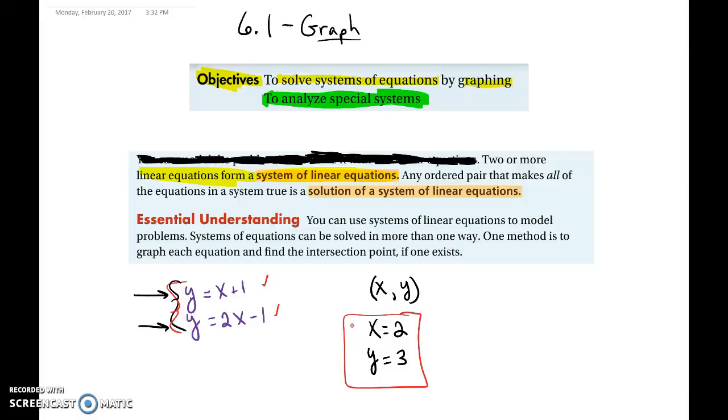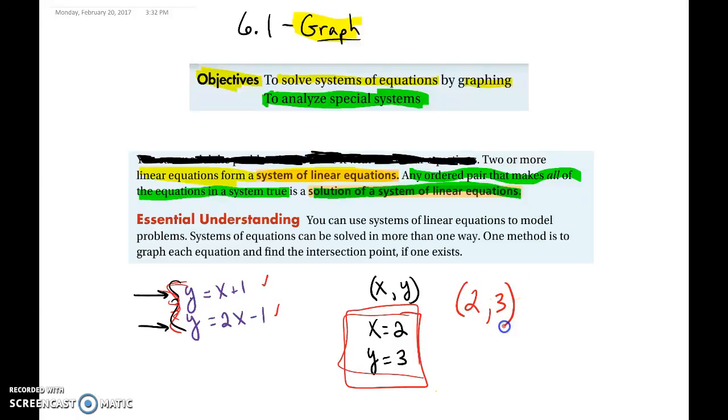We're going to learn different methods of solving for it, and today is just going to be through graphing. And just like I was saying, any ordered pair that makes all of the equations in the system true is a solution of the system of equations. So for this system I drew over here, our solution will be x equals 2 and y equals 3. This will satisfy both at the same time.